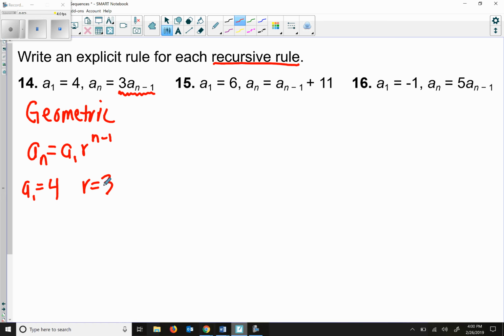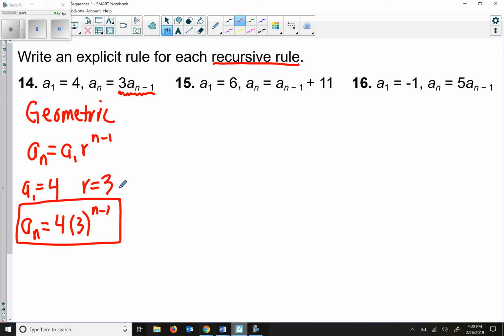So actually pretty straightforward. Our explicit rule then is going to be a sub n equals 4 times 3 raised to the n minus 1.